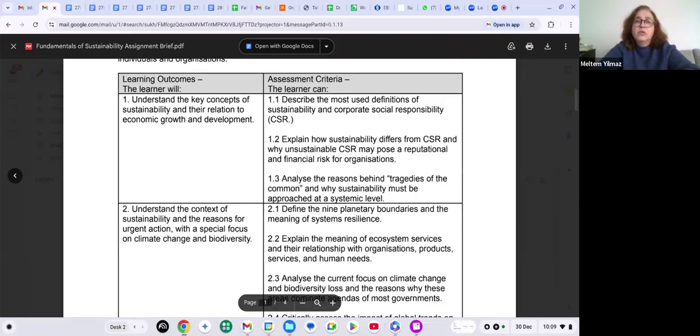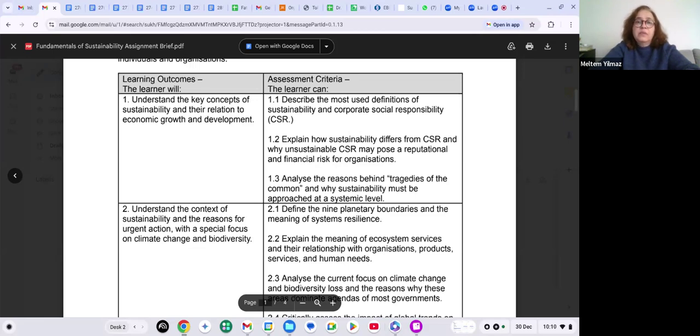One of them was to understand the key concept of sustainability and its relation to economic growth and development. In this, we had some sub-criteria, like the description of the most used definitions of sustainability and corporate social responsibility, CSR.